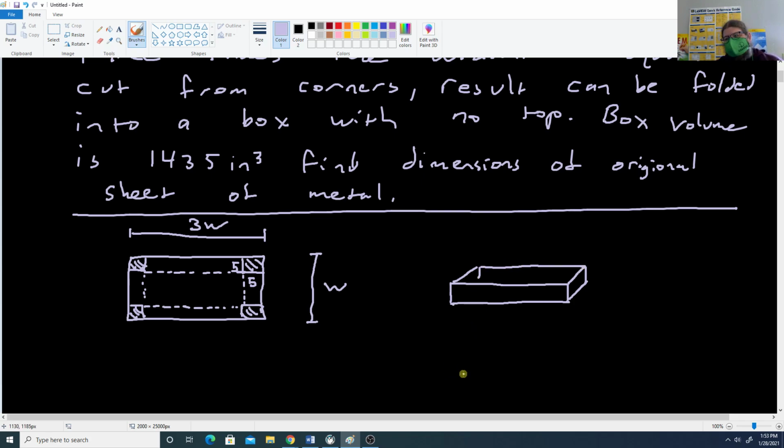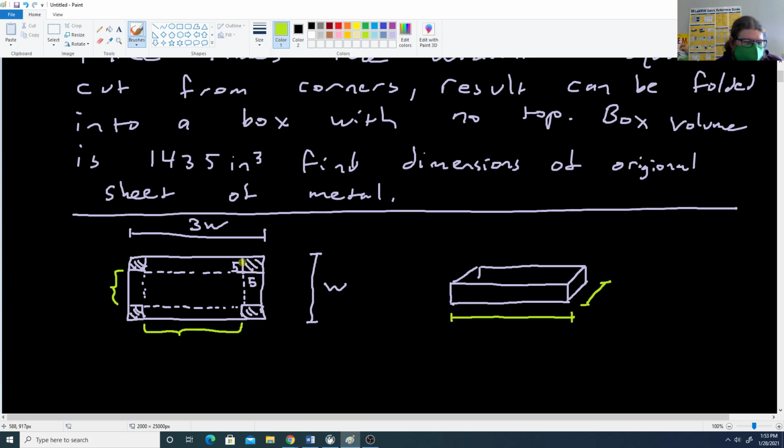What we need to do to solve this is figure out the length of this part here, because that will be the length of this box after you fold it up. And we need to find the width of this little part here, and that will correspond to the width of the box.